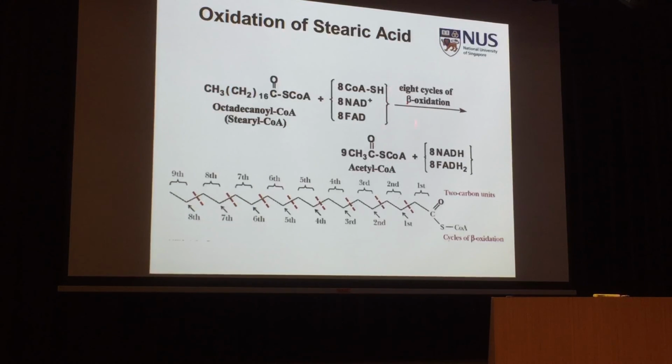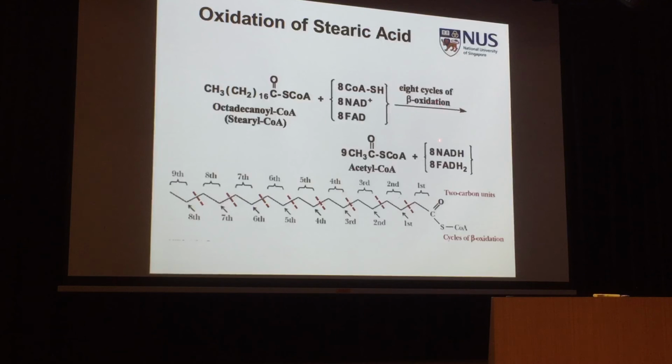Is it 8 cycles or 7 cycles? 8 cycles. 18 carbon divided by 2 will give you 9 acetyl-CoA. 9 minus 1, this results from 8 cycles of beta oxidation.